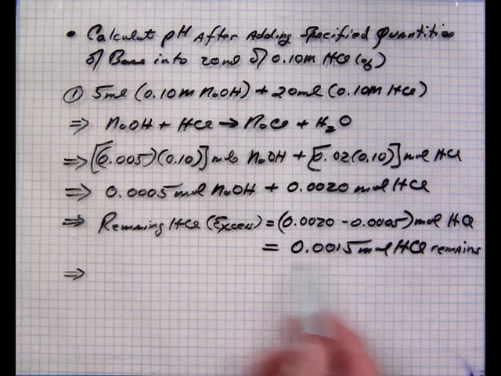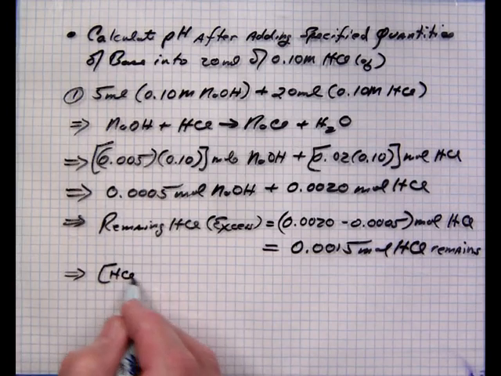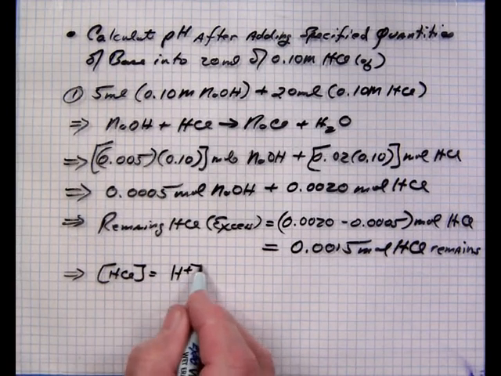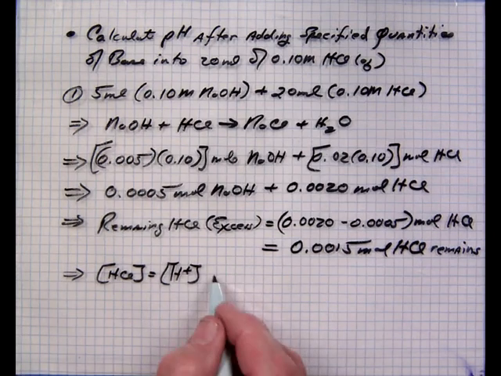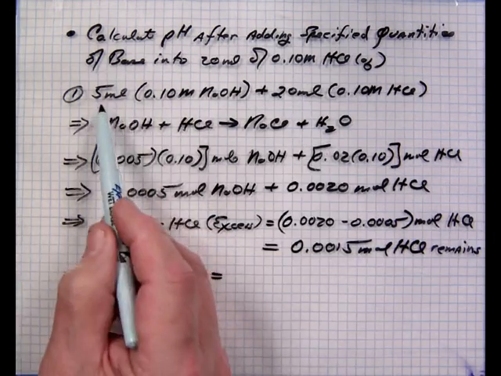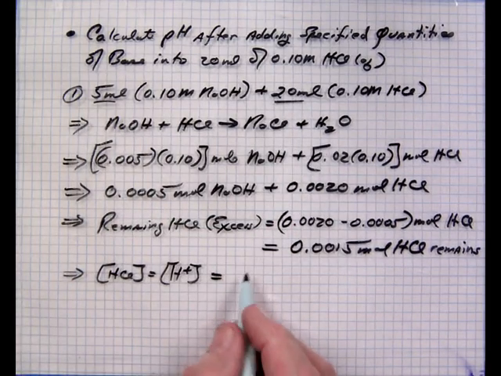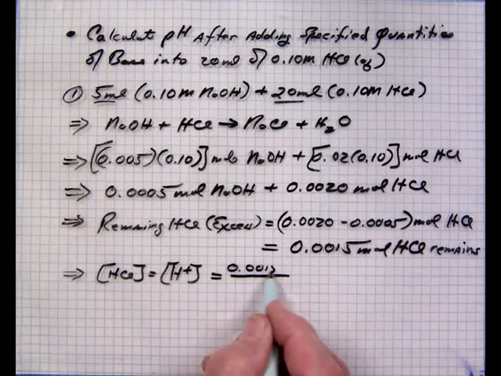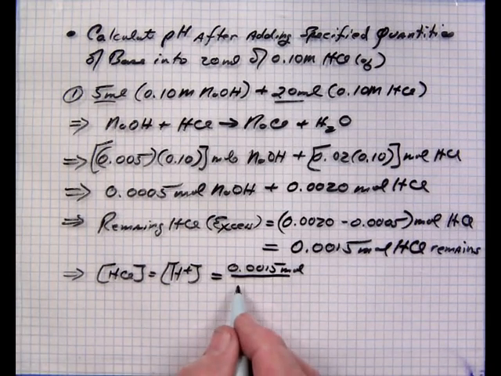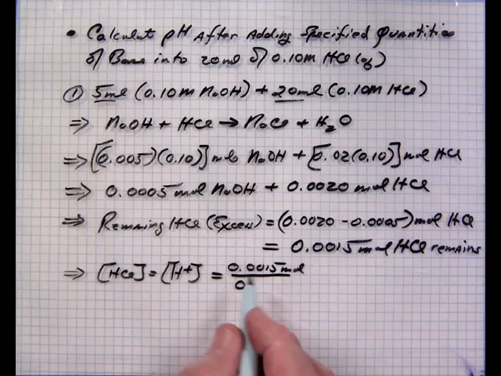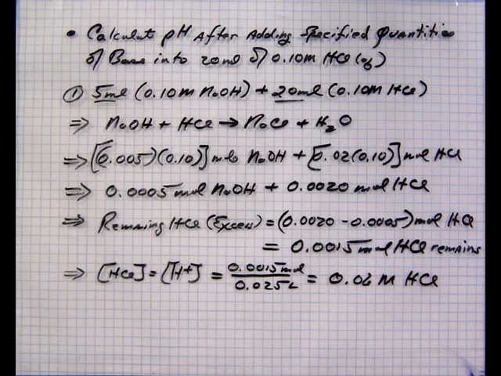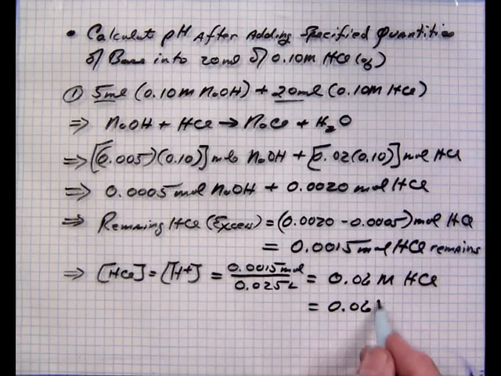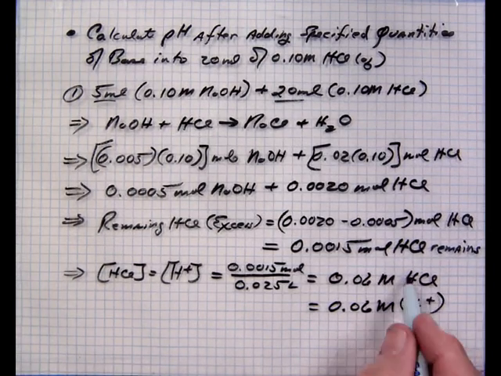So if we have this, then the concentration of HCl, which is the concentration of the hydronium ion because the hydrochloric acid will ionize 100%, is equal to moles over the combined volume in our reaction: 0.0015 mole of HCl in 25 milliliters, or 0.025 liters. So this gives us 0.06 molar in hydrochloric acid, which is also, of course, 0.06 molar in hydronium ions.